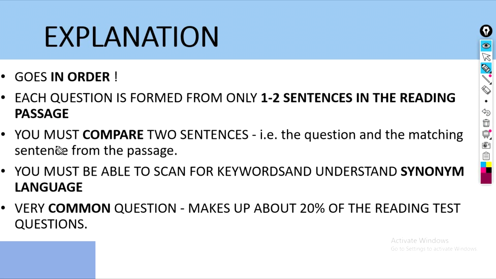Next, here is what's special about this question type. You must compare two sentences. The way you answer this question type, True, False, is that you have to compare two sentences. The first sentence is the sentence from the question, and the second sentence is the matching sentence from the passage.